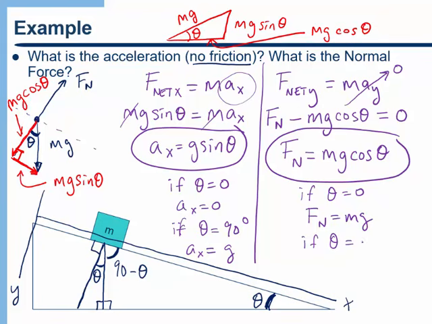If theta is 90 degrees, notice the cosine of 90 is 0, and the normal force would be 0. Therefore, if our ramp is completely vertical, there really is no force that it's exerting on the object. Effectively, the object would just be falling next to it. This is an important slide because really anything we do with ramps involves at least this information.